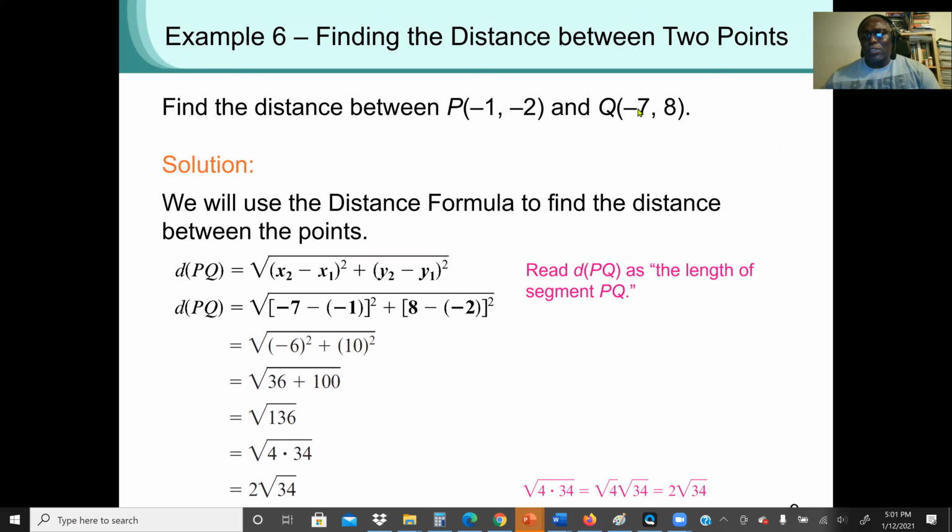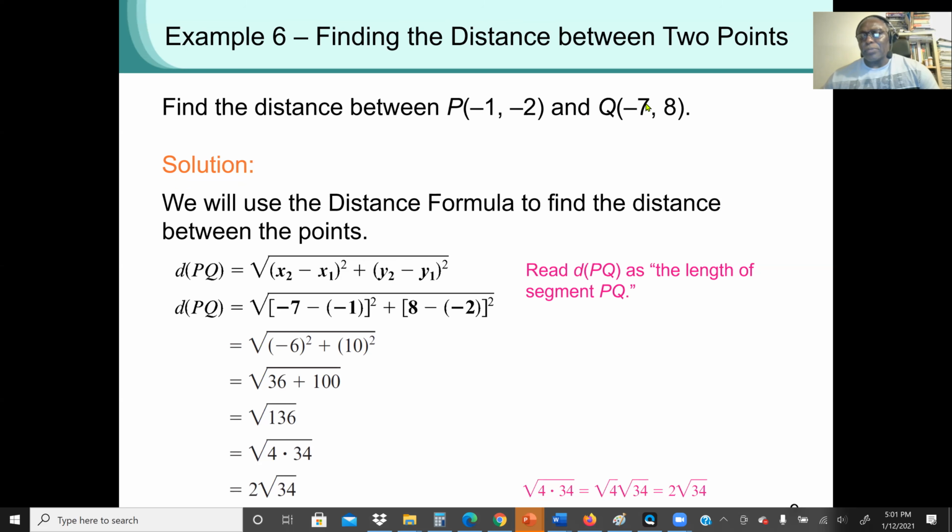So here we can say -7 minus -1 all squared plus 8 minus -2. Here we have -7 minus -1. Remember, the value is negative, so I shouldn't say -7 minus 1, it means it's positive.